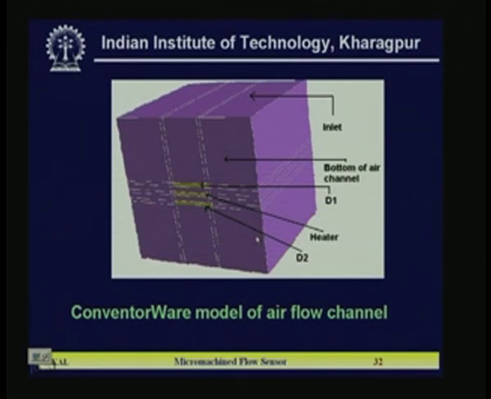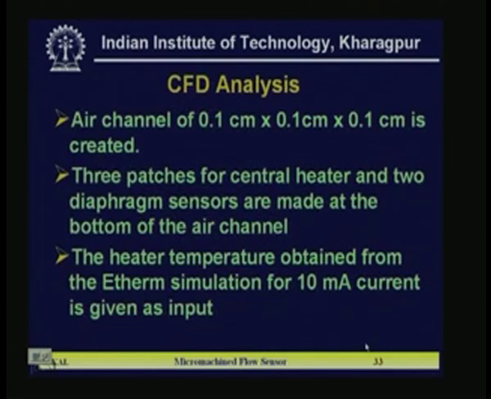It does not look like how it is physically fixed in the measurement setup; rather, you define some hypothetical structure in the simulator, so that it can simulate using the boundary layer technique, and again do some kind of finite element or finite difference analysis to get the flow pattern. Now, for the CFD analysis, the assumed channel is a 0.1 centimeter by 0.1 centimeter by 0.10 centimeter cubic structure, which you have seen.